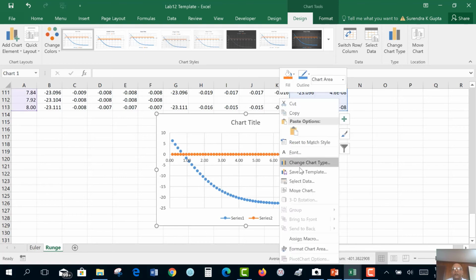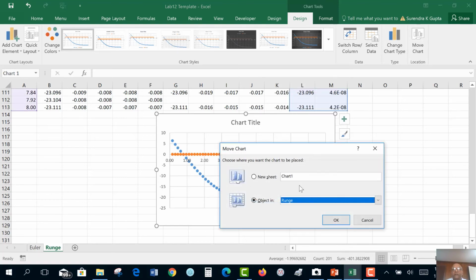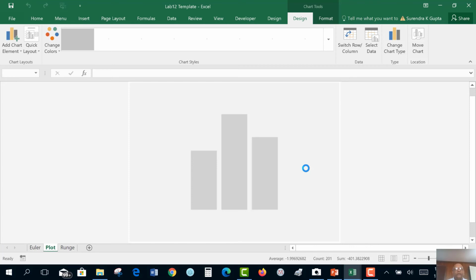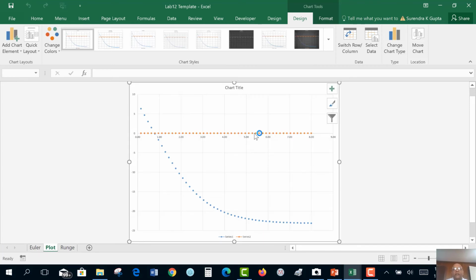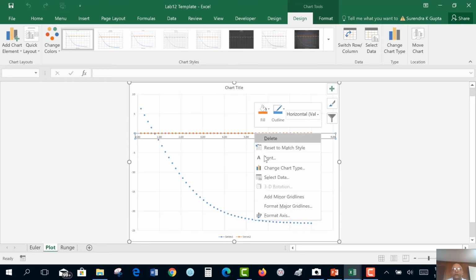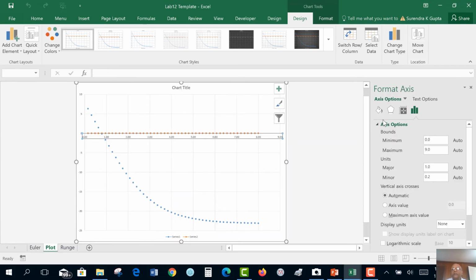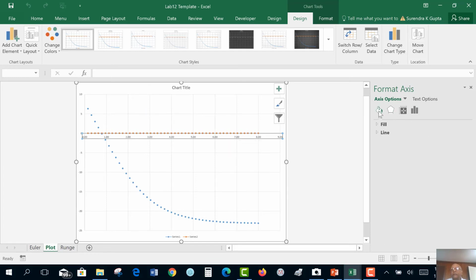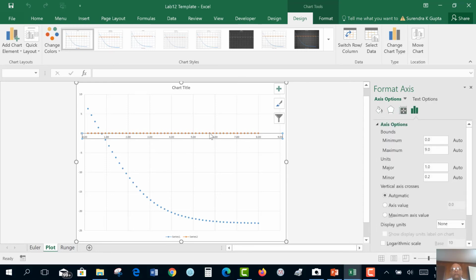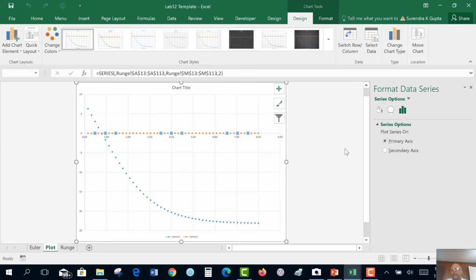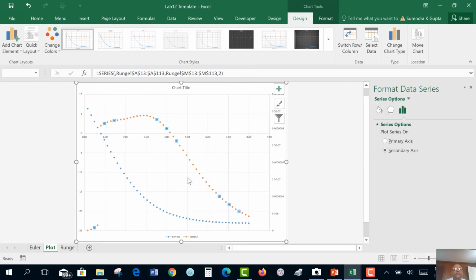Let's move it to a new sheet. So these are our plot. Okay, so first thing we'll move is this to secondary axis. Yeah, I should have moved that to secondary axis.